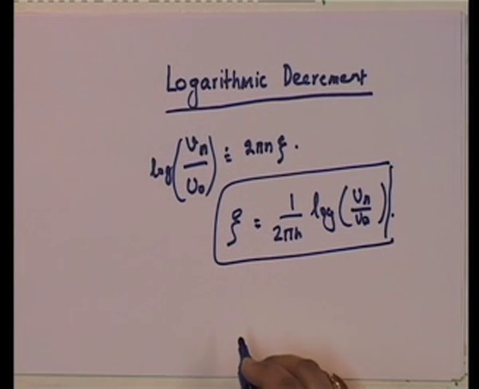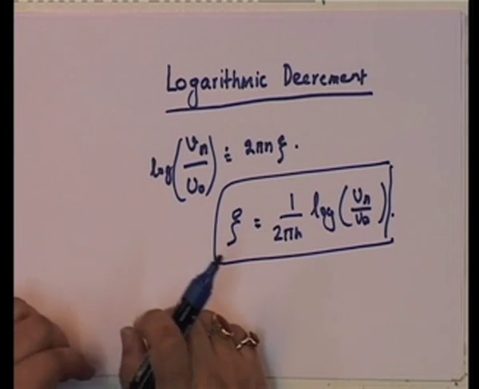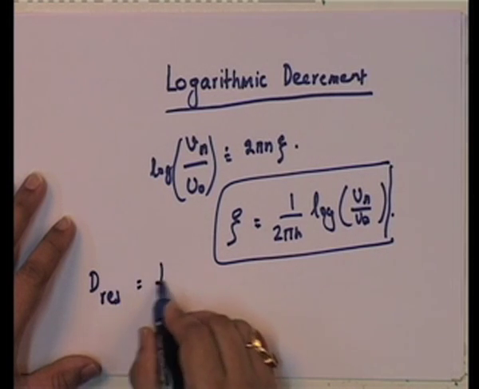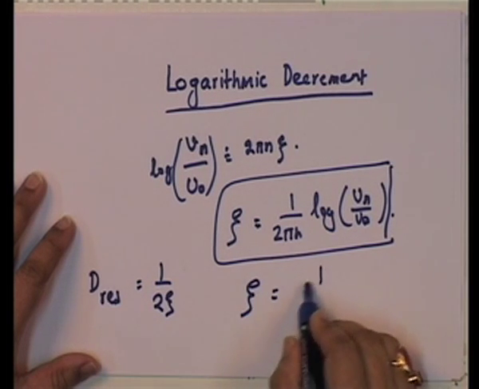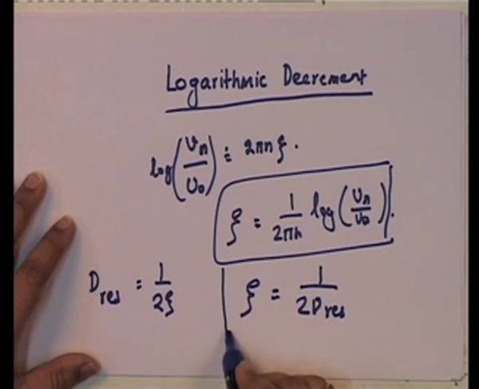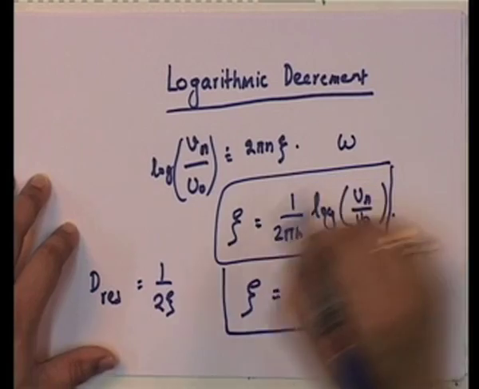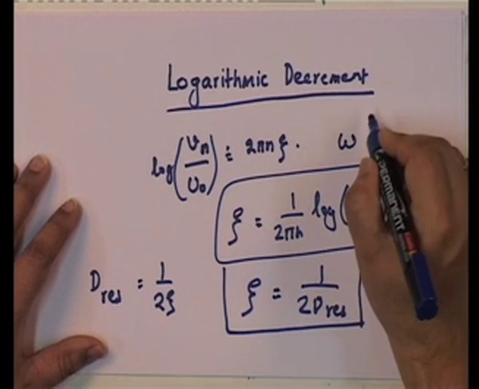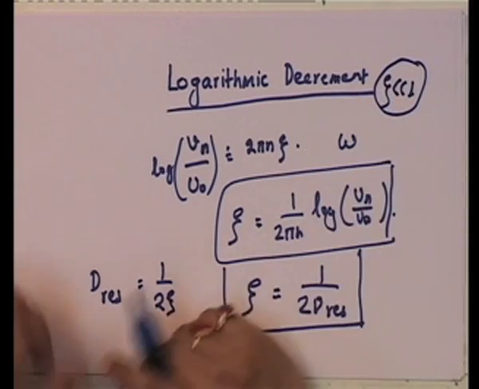We also saw another way, didn't we? We saw that if you plotted the dynamic amplification, what was D at resonance? D at resonance was 1 upon 2 xi. So xi could be obtained as 1 upon 2 D at resonance. We could get omega by looking at the frequency of the free vibration, especially as all of this is valid when xi is very much less than 1, which is what it is in real structures.